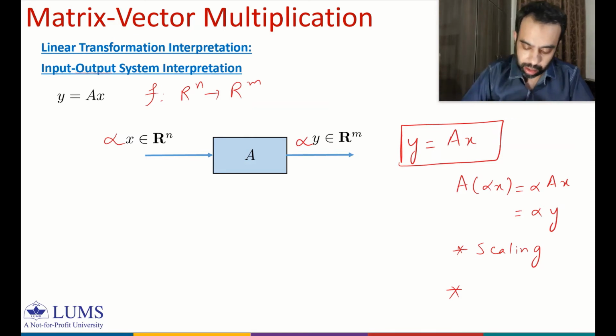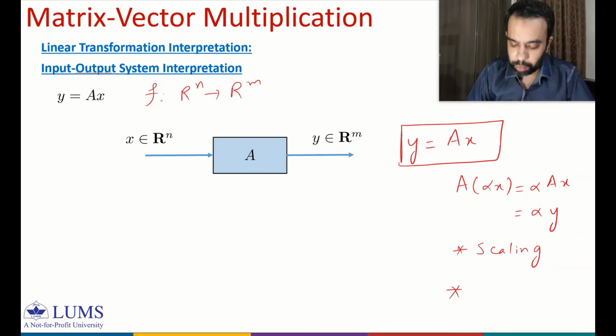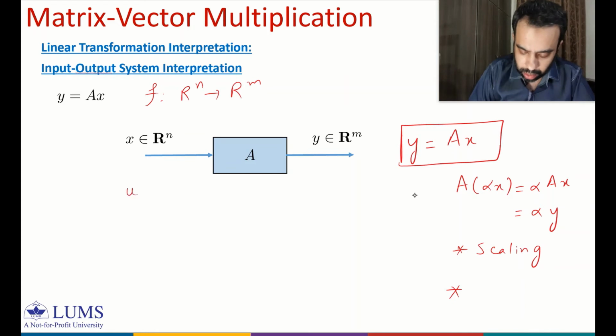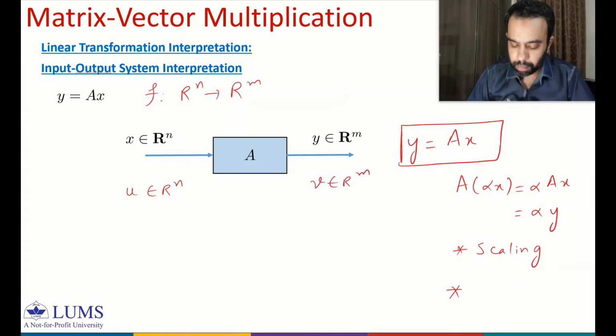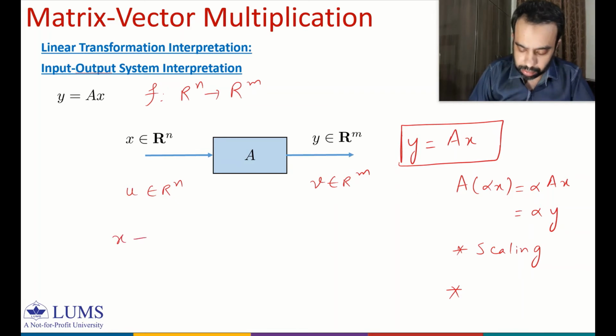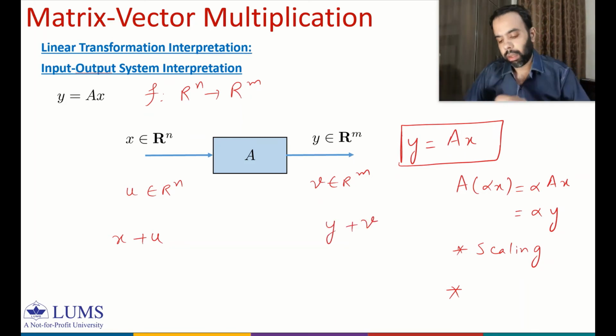That simply says if you have one input x and you get output y, and if you input u that belongs to Rn, and what you obtain is say v that belongs to Rm, and if I input a sum of these two, x plus u, and if I get y plus v, that means if you add two inputs, the output gets added as well.